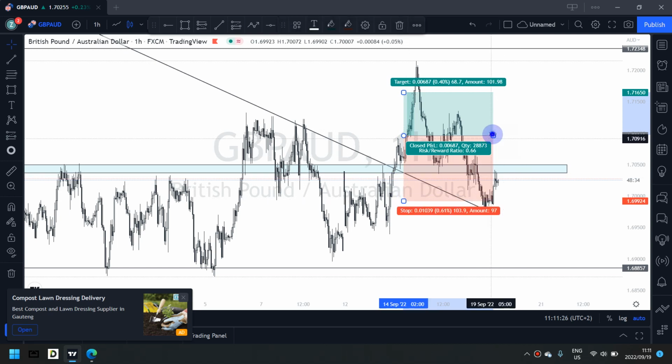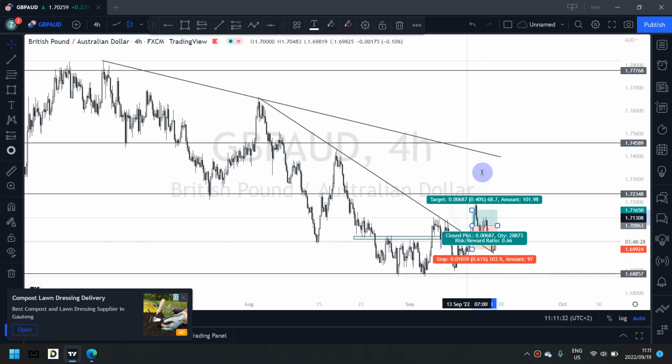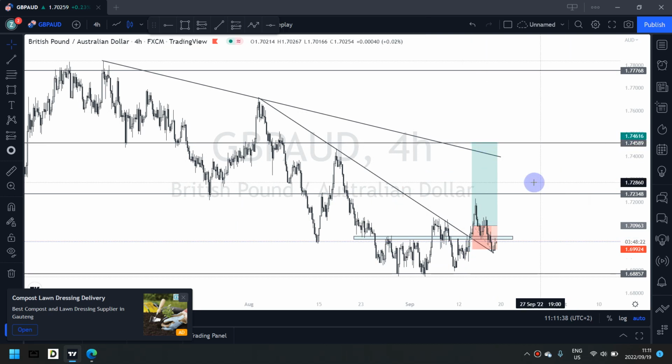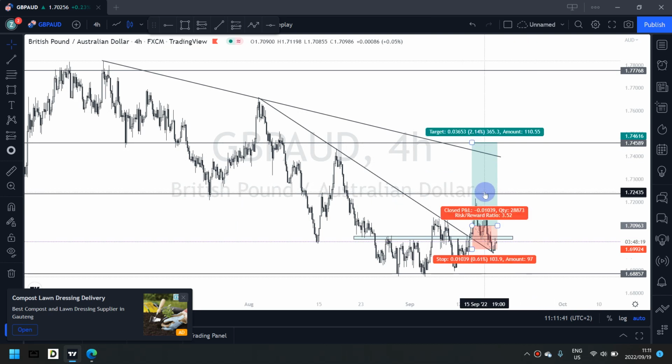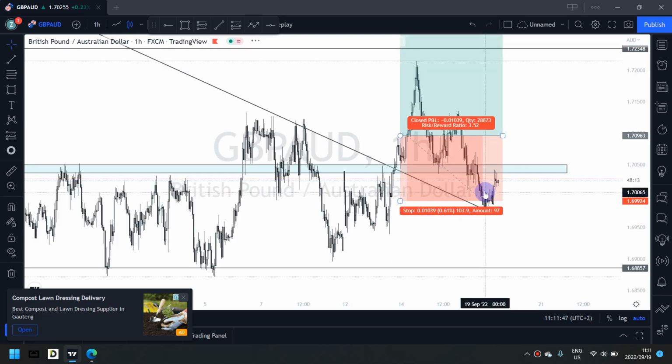Yes, that's where I did have my stop loss, and my take profit was at the key level here. This key level right there was my take profit, and the risk to reward ratio, as you can see, is a good 1:3.52.